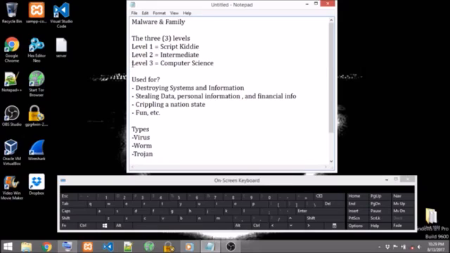And then you got your level 3 computer science level, or in my own words, I call them the script wizards. These are the people who know how to leave 0 traces behind. They can start inserting backdoors. They can find 0-day exploits.